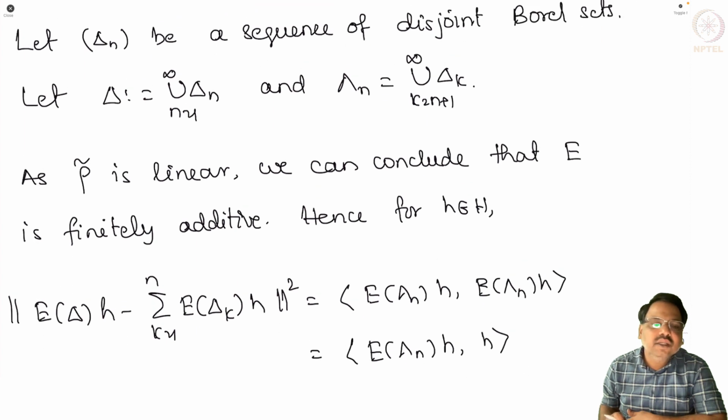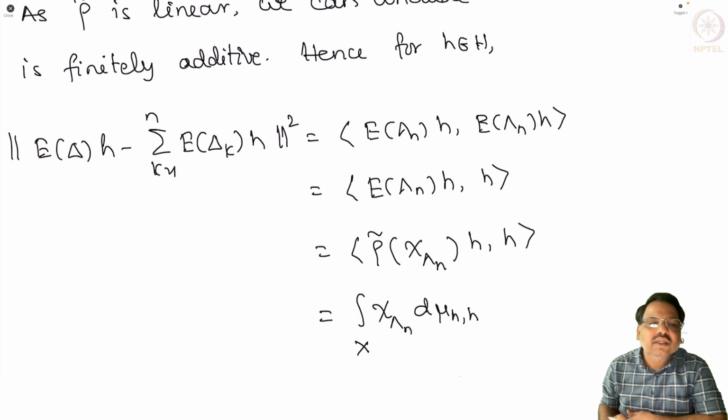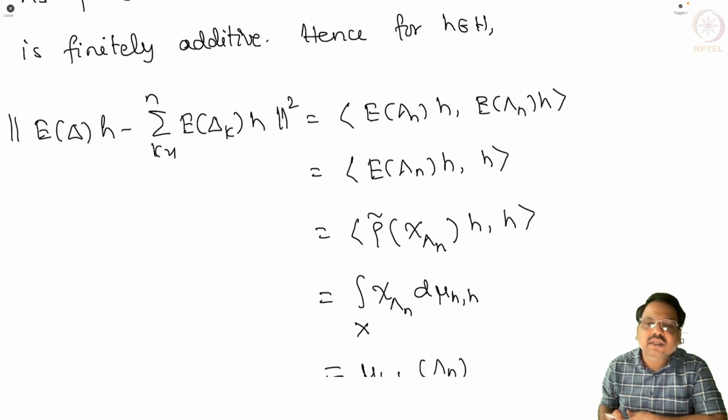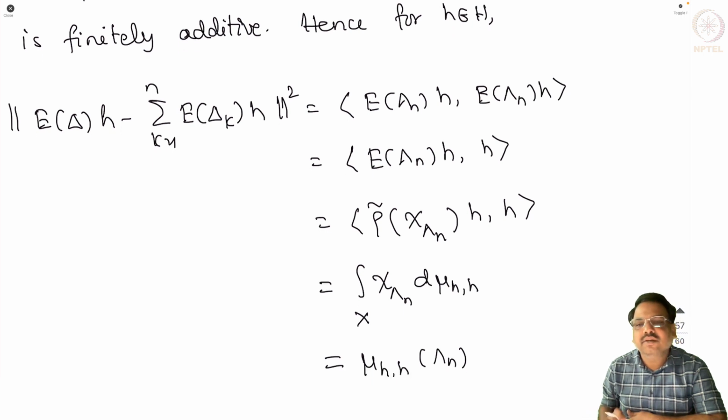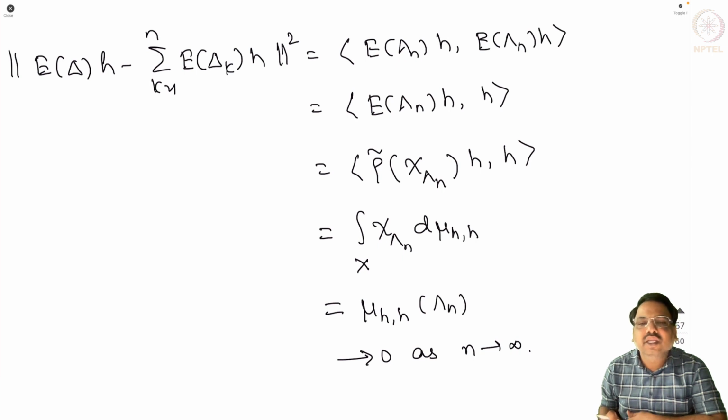Now we want to show that E delta h is nothing but the limit of the summation k equal to 1 to n of E delta k h as n goes to infinity. So let us take h in H. Look at the norm of E delta h minus the summation k equal to 1 to n of E delta k h, squared. That can be written as the inner product of E lambda n h with itself. Now E lambda n is an orthogonal projection, so it is self adjoint and also idempotent. Using that fact, this is equal to the inner product of E lambda n h with h.